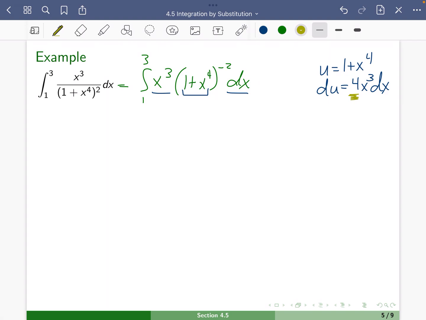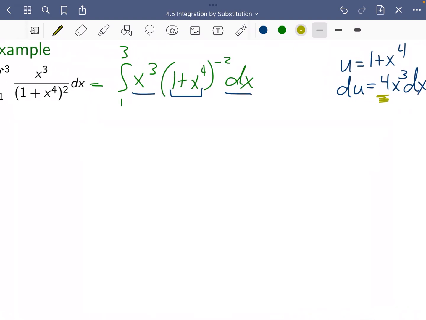So what can we do? Well, the way I like to think about it is this. We could write it as (1 plus x to the 4th) to the negative 2. I'm just going to multiply by a 4 on the inside. But if I multiply by a 4, that changes the problem. So on the outside, I need to divide by a 4.